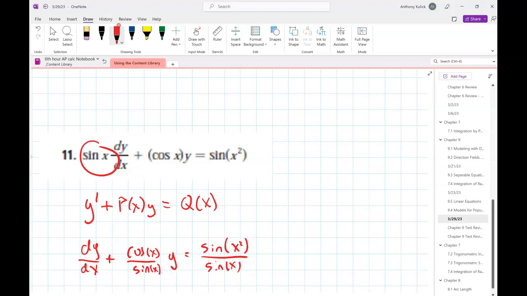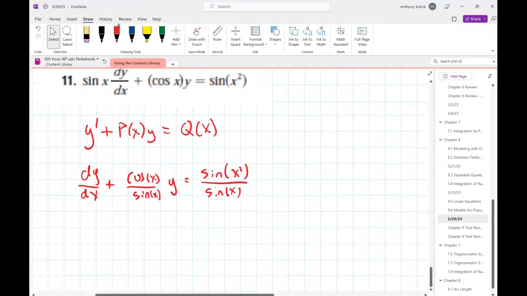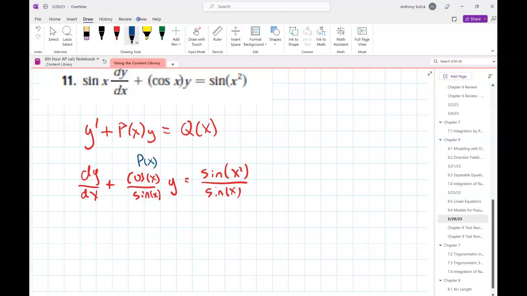At that point, I am in the correct form. So my p of x is here. So to calculate my integrating factor, I'm going to do e to the integral of p of x dx.